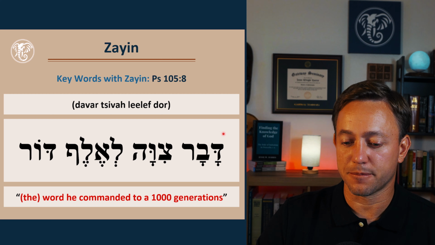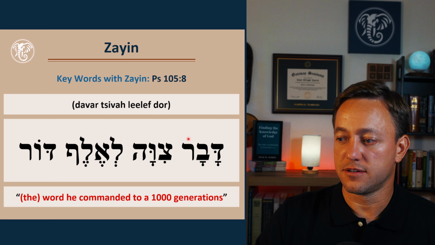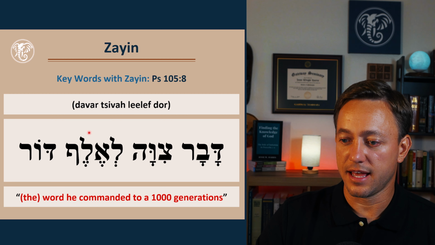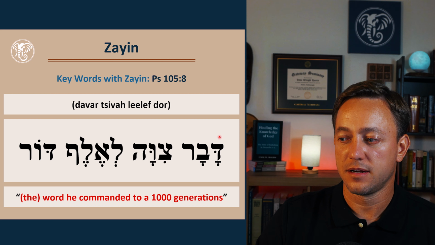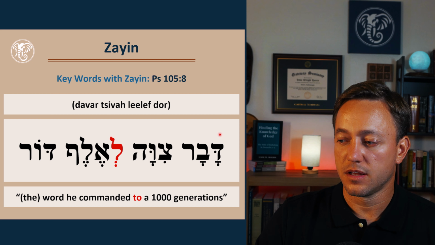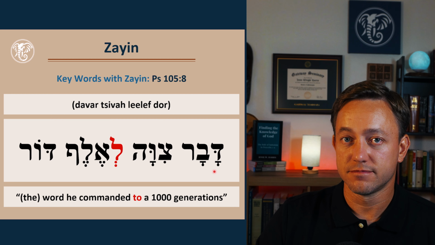And then the second part of this verse, davar, siva le'elef dor. And so we have here davar, which is our word for word.